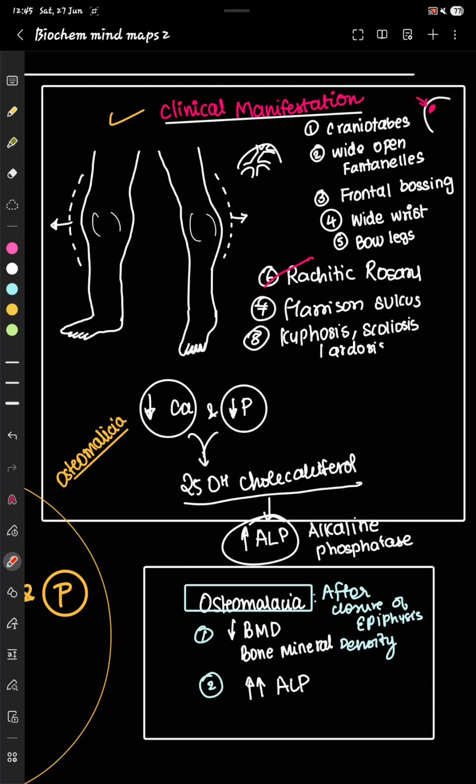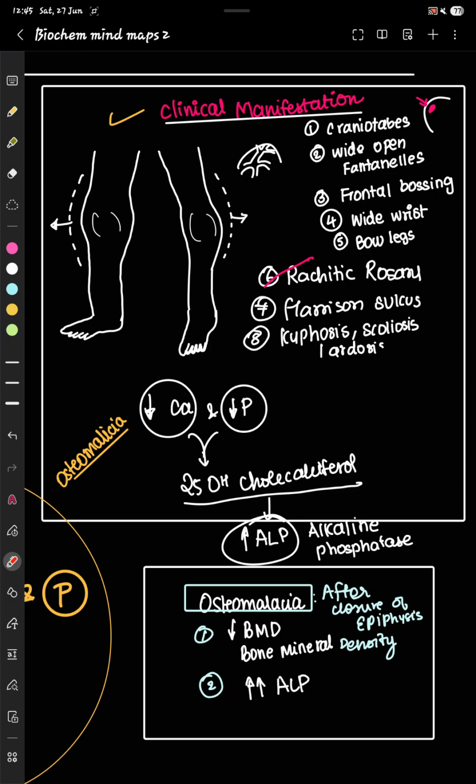There is an open anterior fontanelle and frontal bossing, wide wrist. When the baby crawls, there is pressure on its wrist, which causes the wrist to become wider because there is no mineralization. Again, the bones are very soft. And bowing of legs, because when the child tries to walk, all the pressure from the top of its body is exerted on the weight bearing bones.